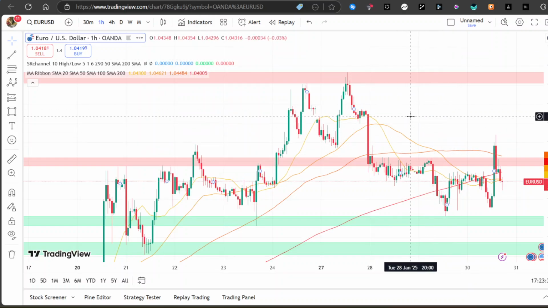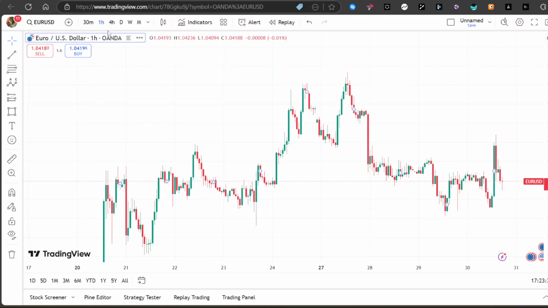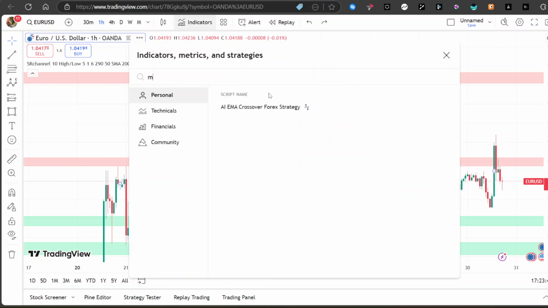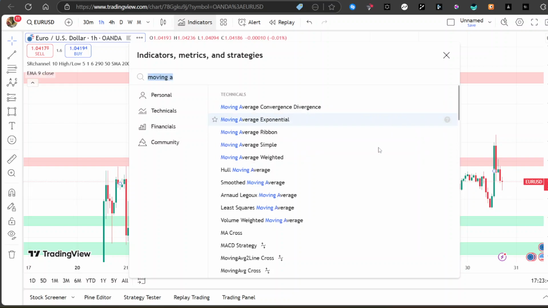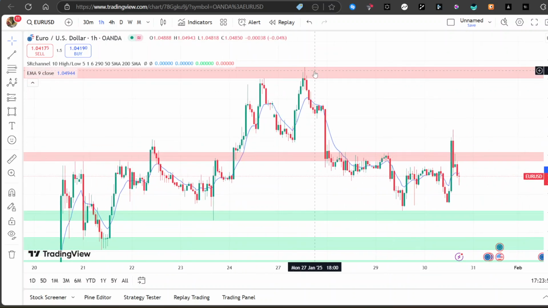For example, I'm just going to remove this one. I'll add another moving average. I'm just going to add the exponential moving average to the chart. So while the indicator gives you support and resistance levels, you can just use a moving average for confirmation.